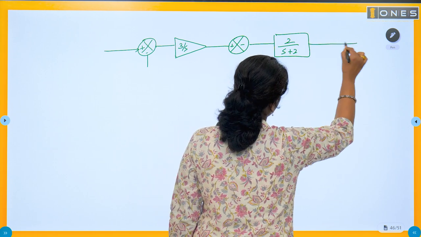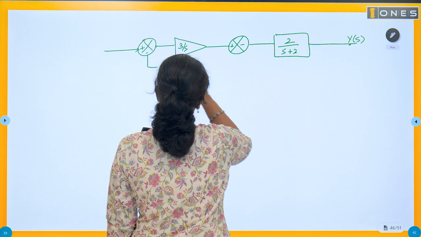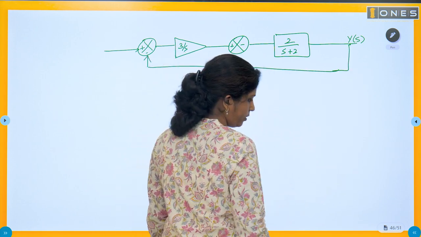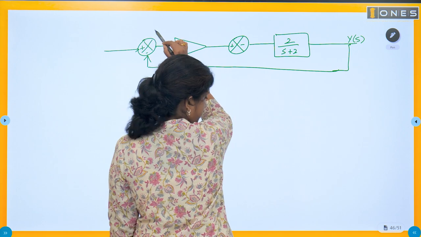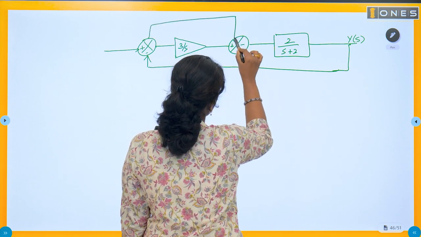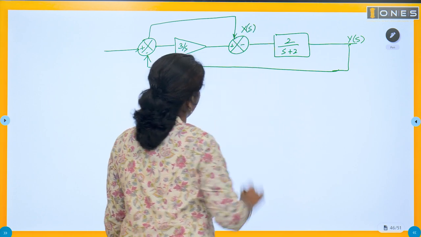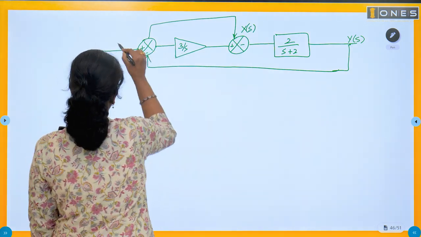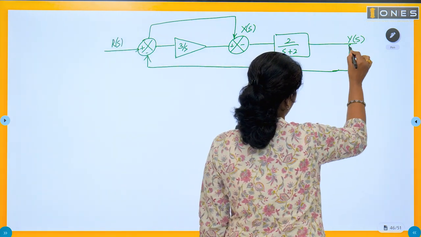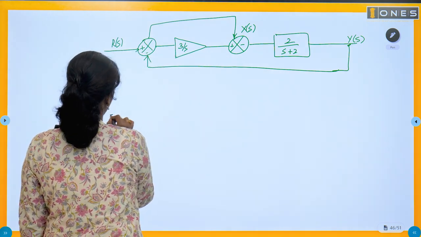Then we have output y of S. This is fed back like this to this adder block, and here we have this, x of S. Okay, so this is R of S and this is y of S. Okay, y of S is already given. So first we will convert it into what?